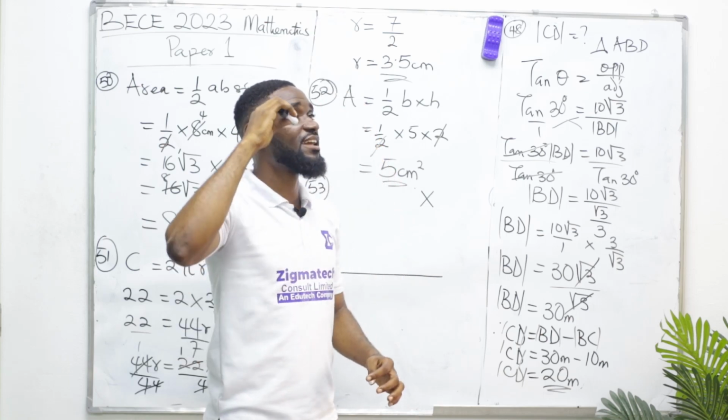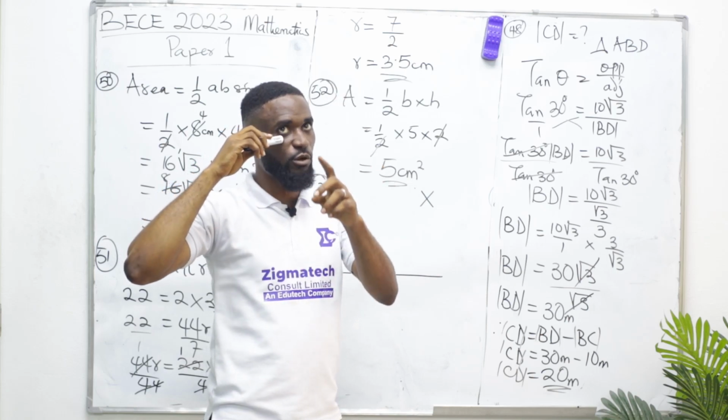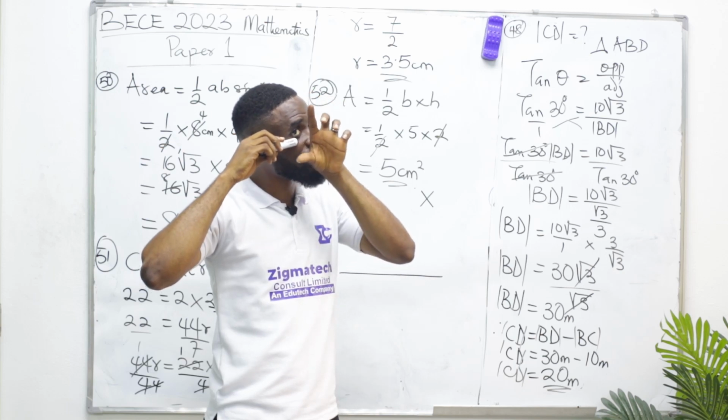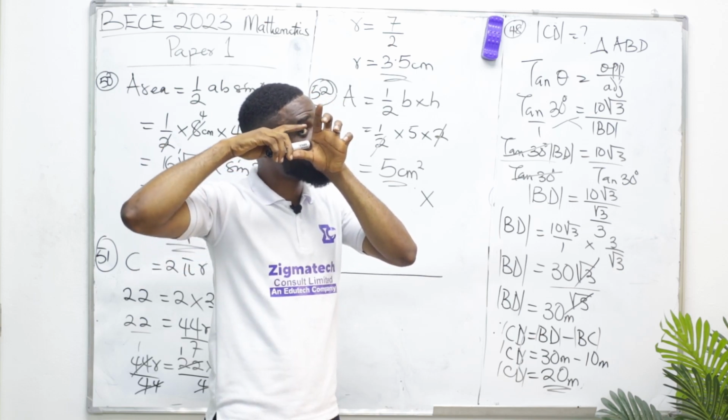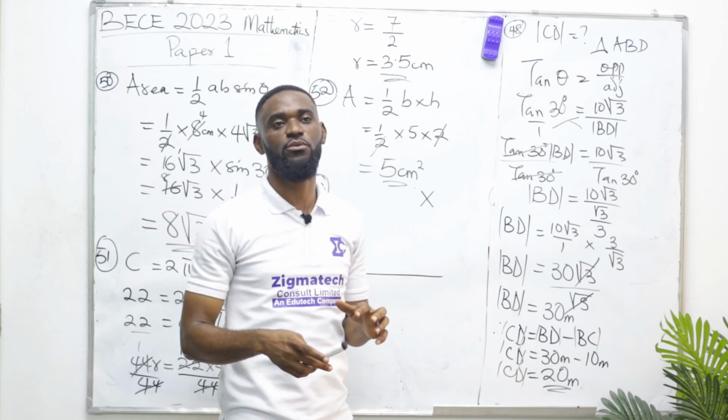If this is the level of my eye and I want to look up at this point, you can see there's an angle being made here. That is called the angle of elevation, the angle of raising your eye up.